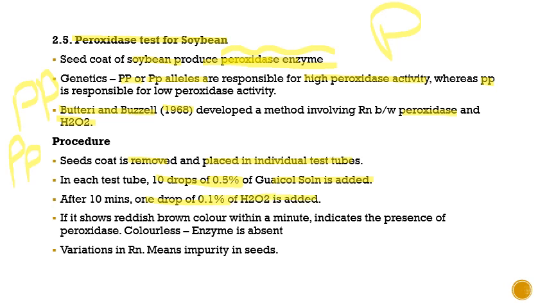If it shows a reddish brown color within a minute, it indicates the presence of peroxidase, and if it remains colorless, then the enzyme is absent. Any deviations from these reactions mean that there is an impurity in our seed lot.